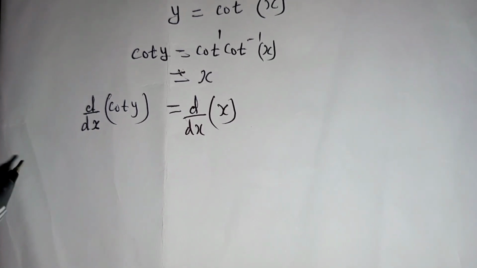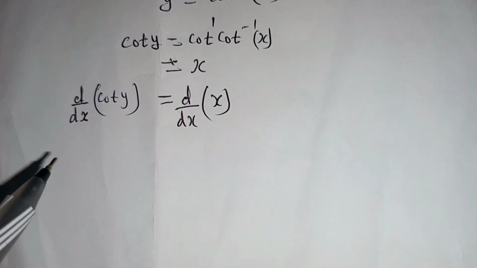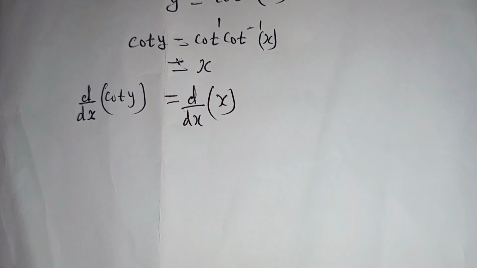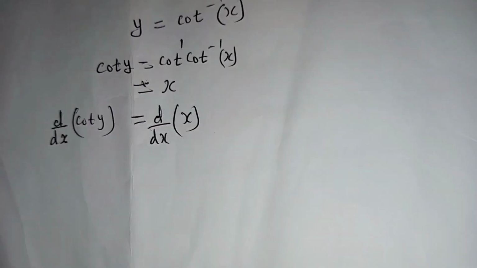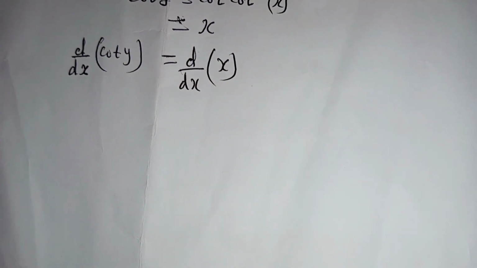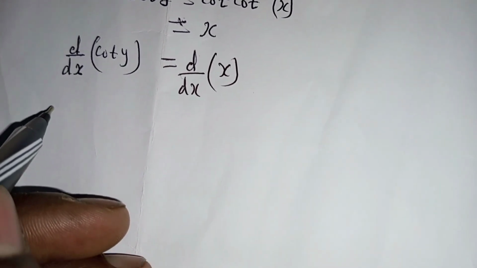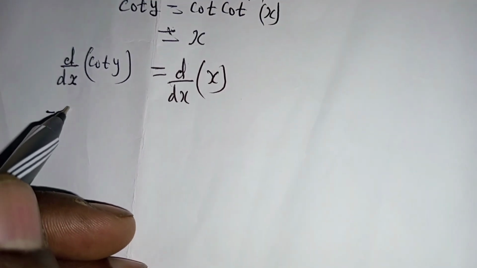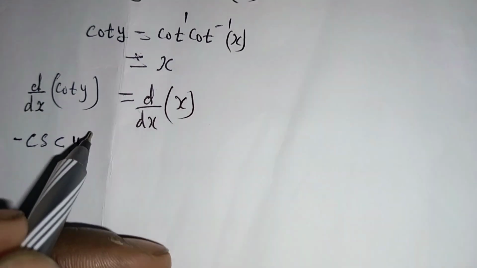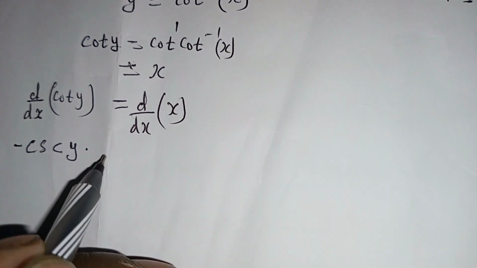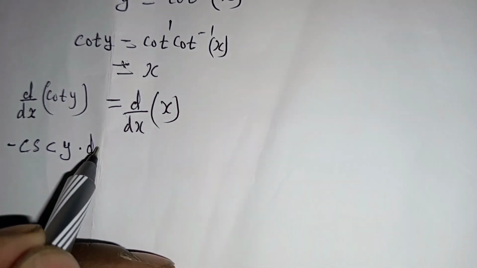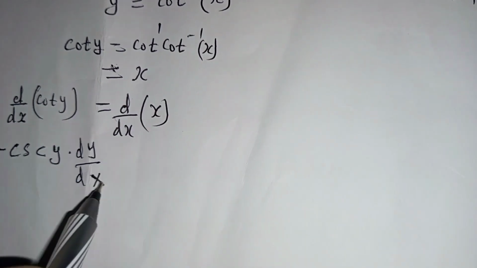Then we differentiate both sides with respect to x. So to the left, the derivative of cot of y with respect to x is negative cosec squared of y. Then because this is implicit differentiation, we have to multiply with dy over dx.